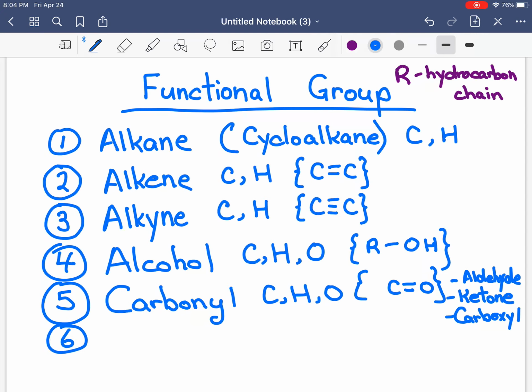Number 6, we have amine. Okay, this involves carbon, hydrogen, nitrogen, right? Amine. And this involves, obviously, nitrogen with some sort of R group.